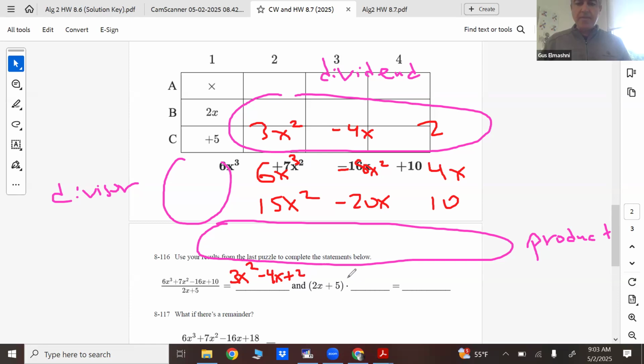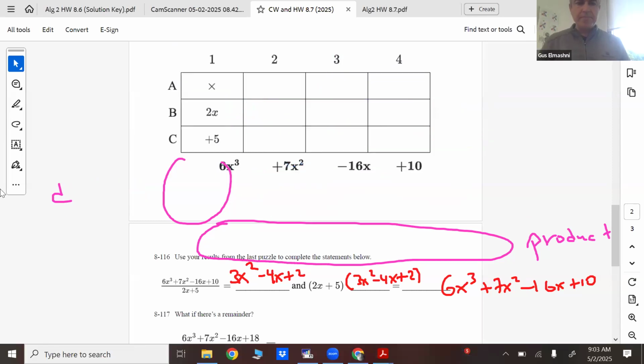That's because 2x plus 5 times 3x squared minus 4x plus 2 equals 6x cubed plus 7x squared minus 16x plus 10.